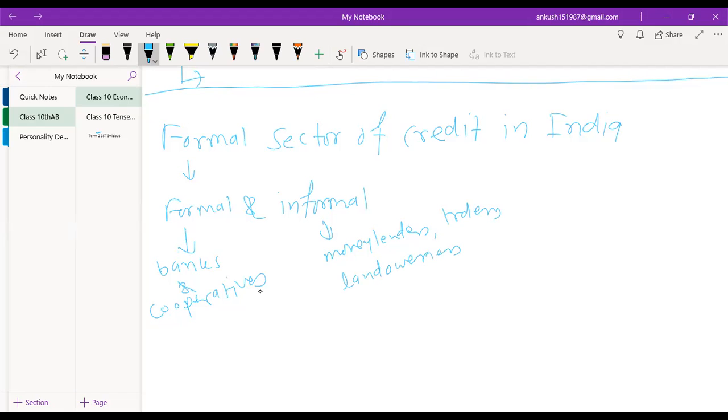Understood? The formal sector includes only banks and cooperatives, upon which the RBI keeps observation or supervision. Understood?